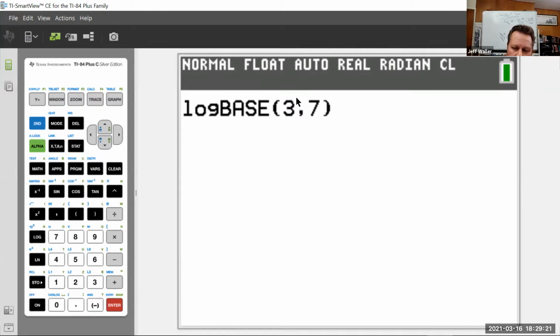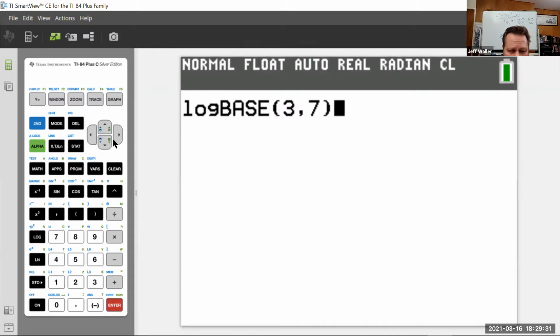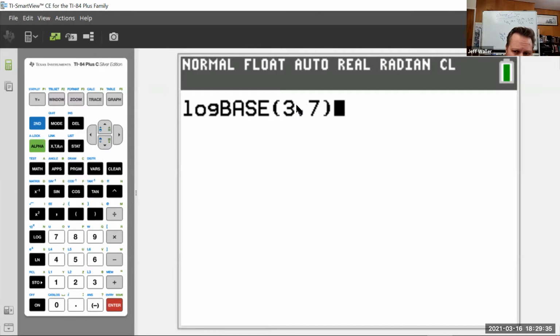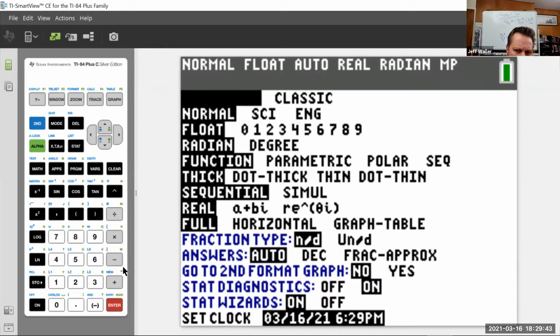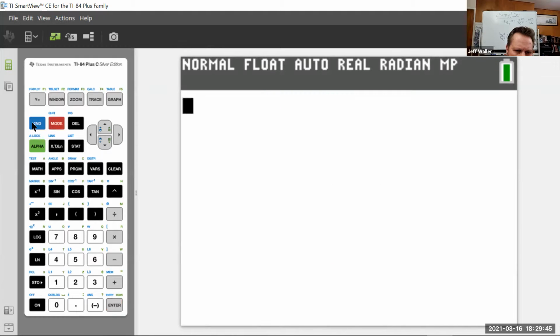You're right. Apparently the input is inside, comma, base, which is the opposite of what I would expect, but oh well. I'm sorry if you have an older calculator. If you have a newer calculator, hit your mode button. If you have something that says math print, that's the newer approach. That makes things look more like they would if you wrote them down on paper.